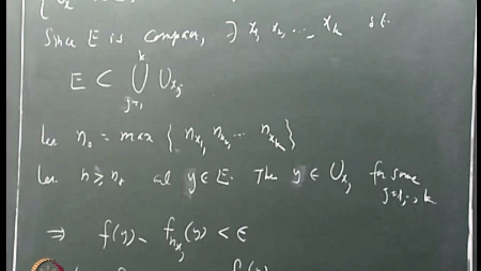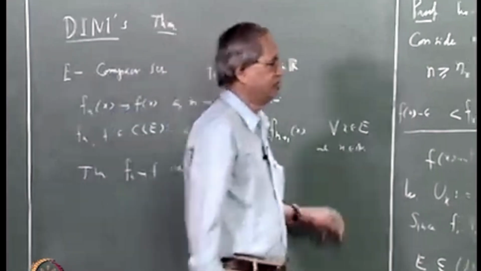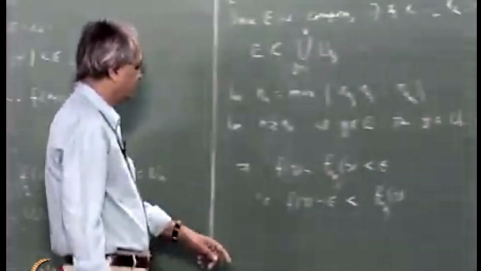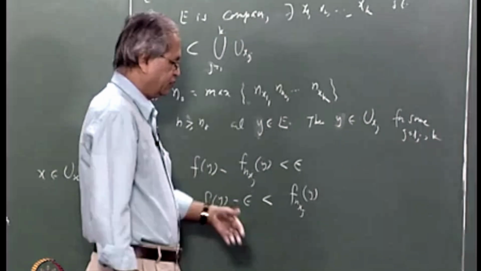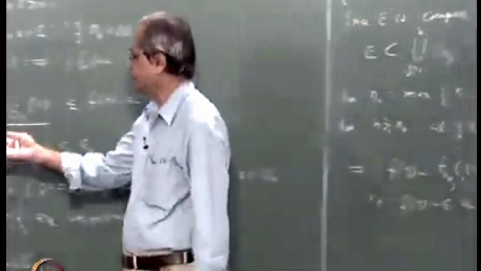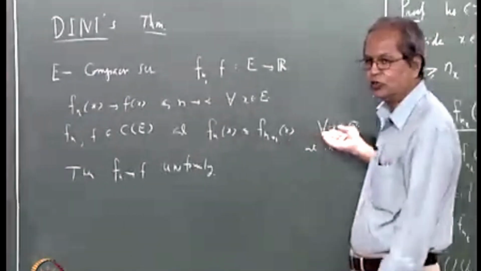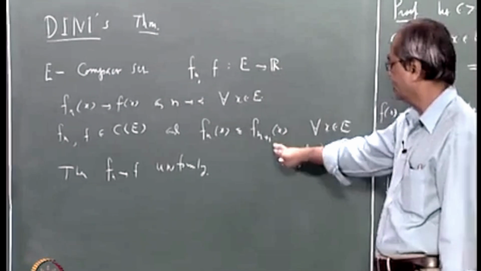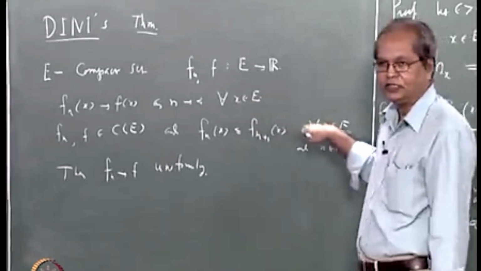Now till now we have not used the fact that f_n is an increasing sequence. Now for each n we know that f_n(x) is less than or equal to f_{n+1}(x), which is less than or equal to f_{n+2}(x). So whenever n is less than m, f_n(x) is less than f_m(x).